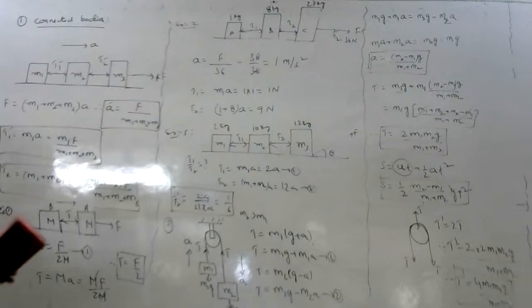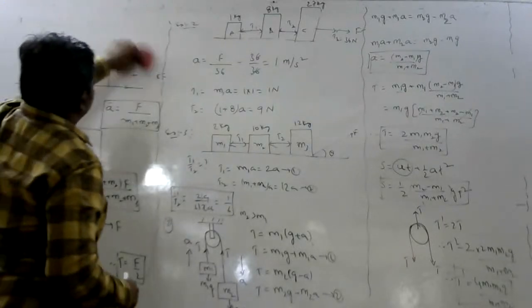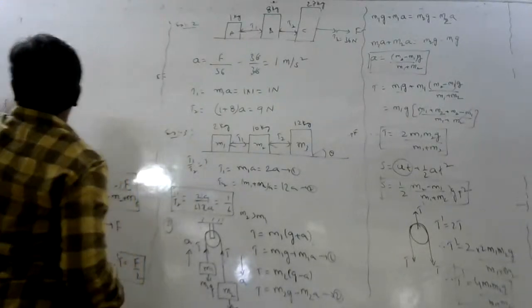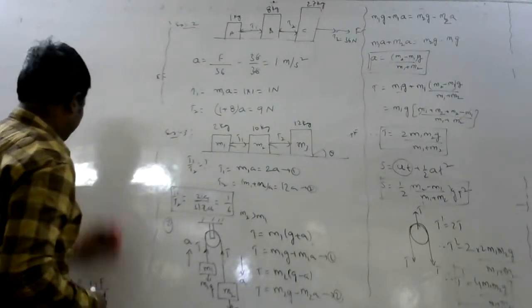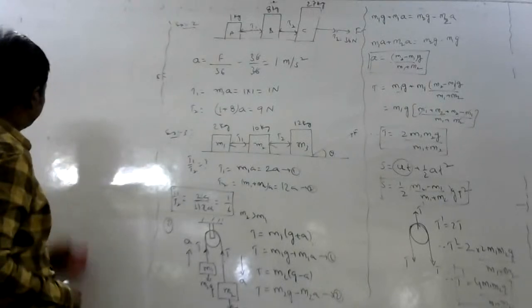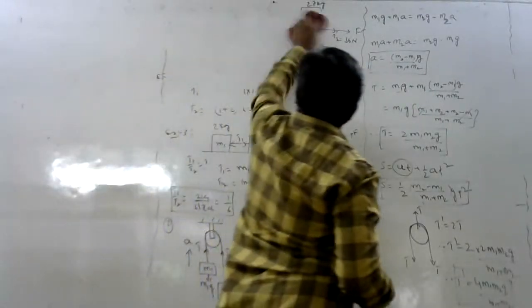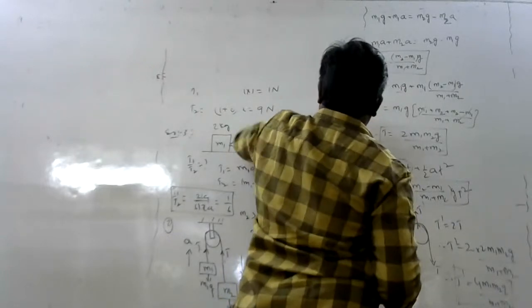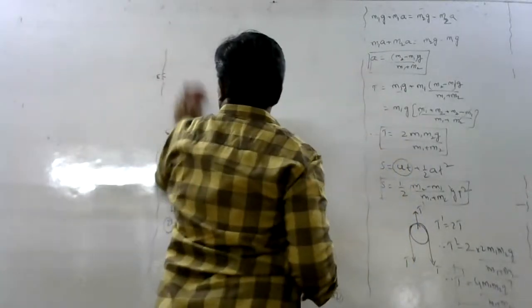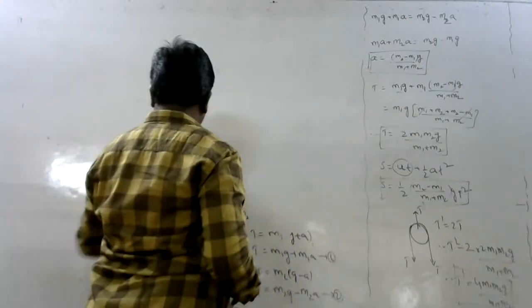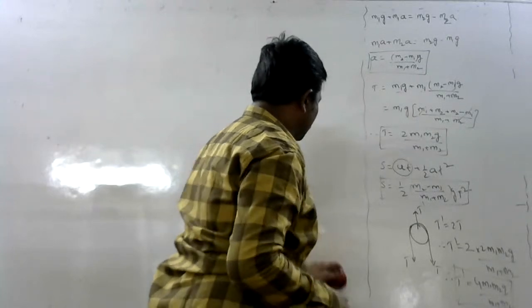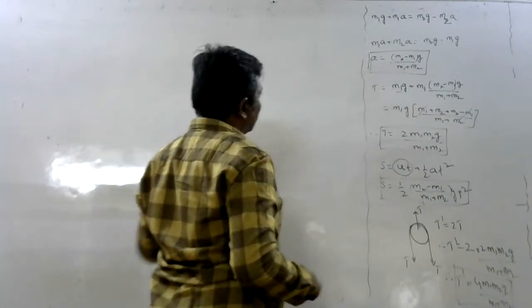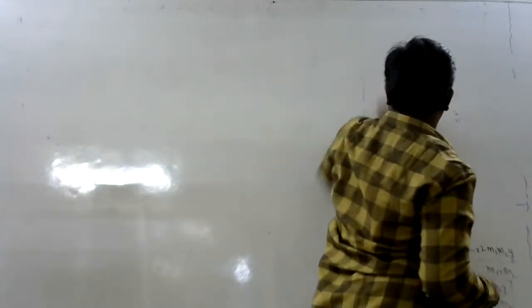So these are two cases. And another important case: one block is on a horizontal table and another block is suspended by the string freely.